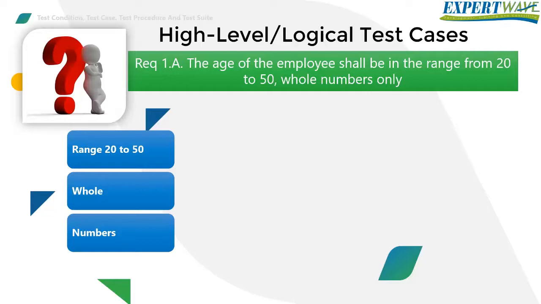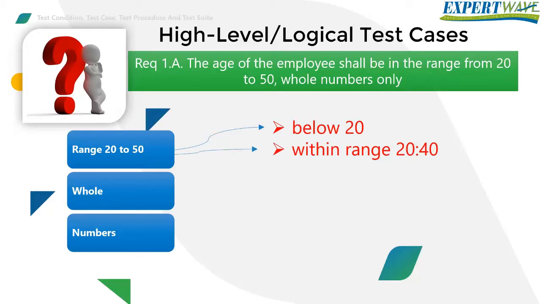Correct. We should test below the range, below 20, which should be rejected by the software, inside the range, within 20 and 50, which should be accepted by the software, and above the range, above 50, which should be rejected also by the software.